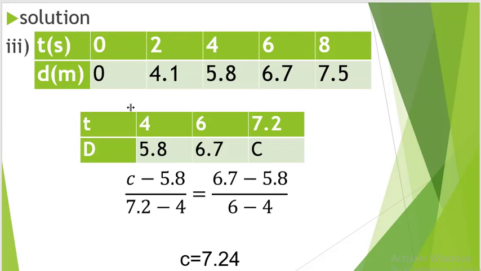Now, if you consider this, you see that c is really extra. It's at the extreme end. And then use our normal gradient and then get c. c minus 5.8 over 7.2 minus 4 is equal to 6.7 minus 5.8 over 6 minus 4. When you solve that, you come up with c equal to 7.24.